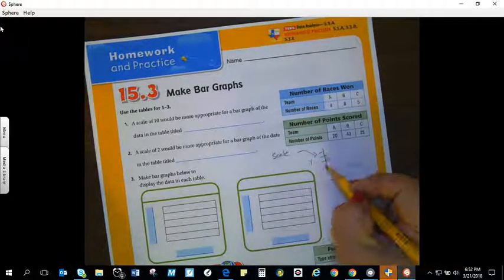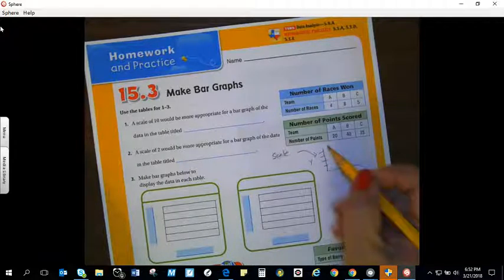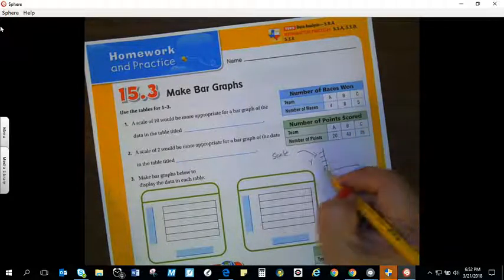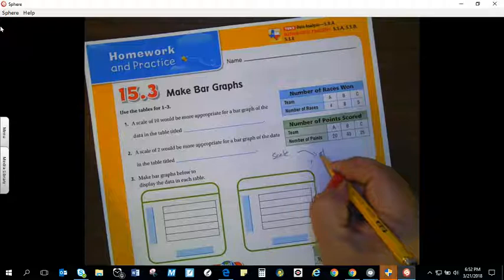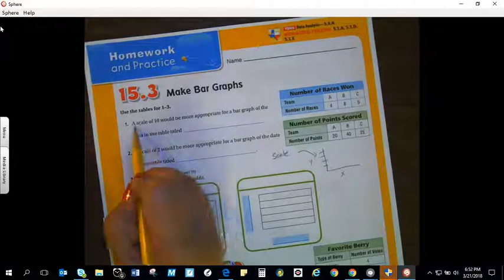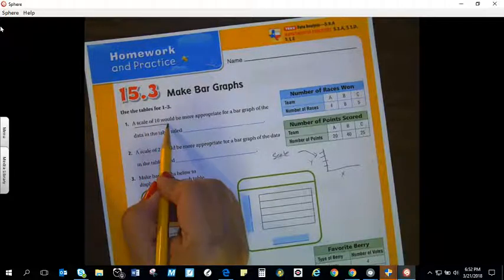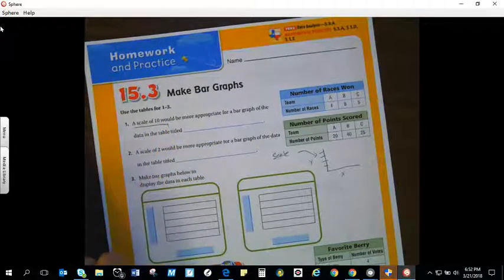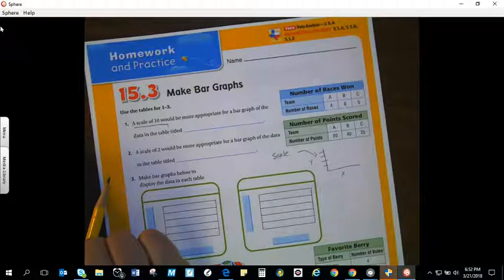The scale is how it's going to be numbered. So we have to look at it. It would be easier to number 1, 2, 3, 4, 5, 6, 7, etc. Or if we were going to have a scale of 10, which means that we will skip count by tens, which one would then be the best one to skip count by tens?